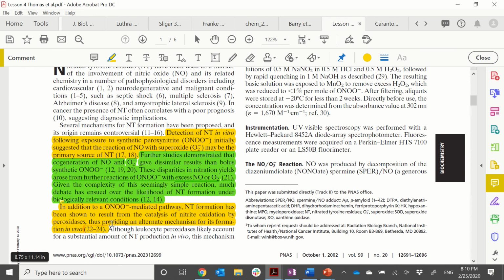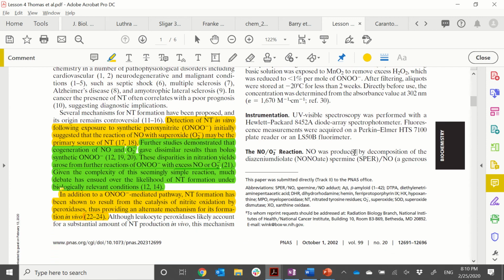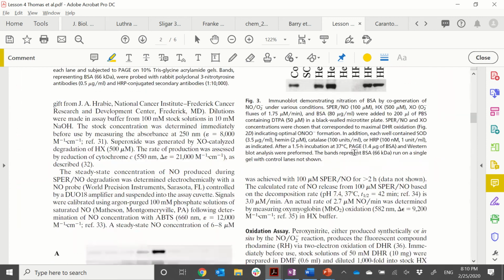So they say here, "thus provide an alternate mechanism for its formation in vivo," and that leads to what we identified as maybe a hidden hypothesis statement within this third paragraph, where the authors say "this may result from variations in protein susceptibility to nitration due to association with redox active metals." So essentially saying that redox active metals may play a huge role in tyrosine nitration. Okay, so that was our hypothesis statement.